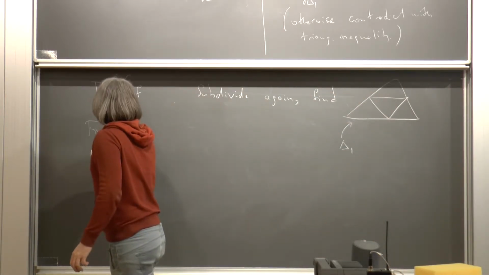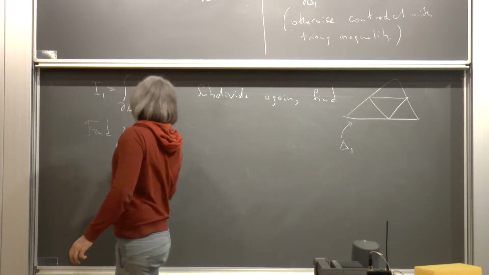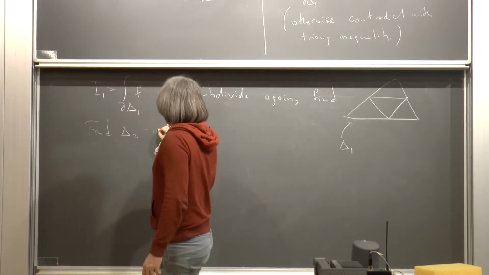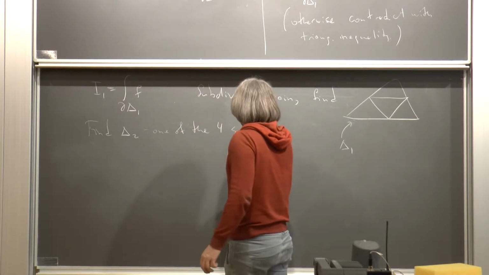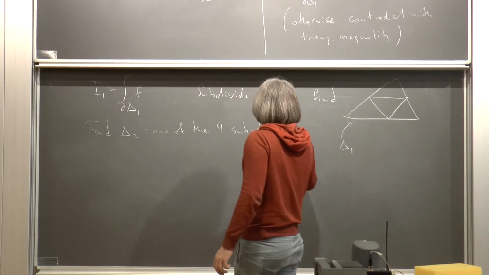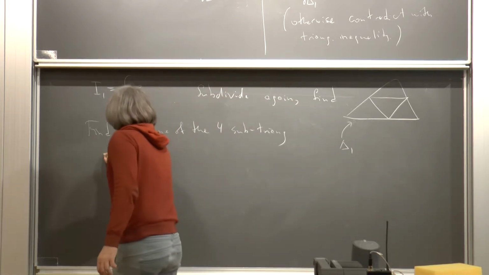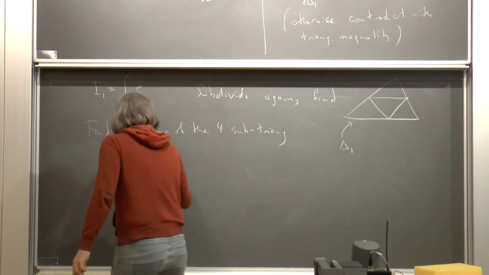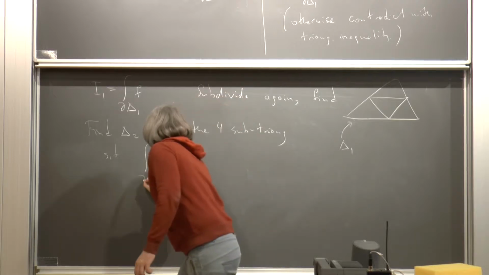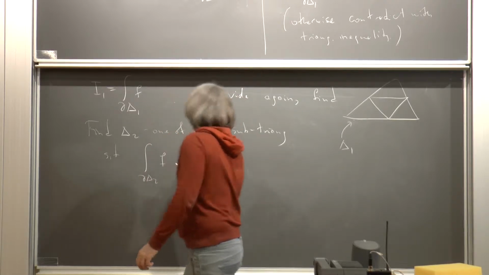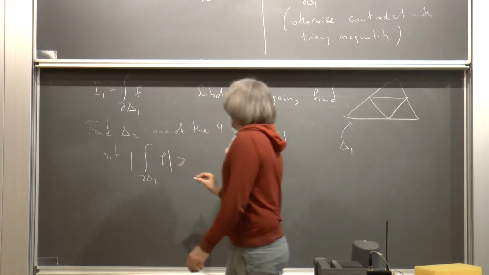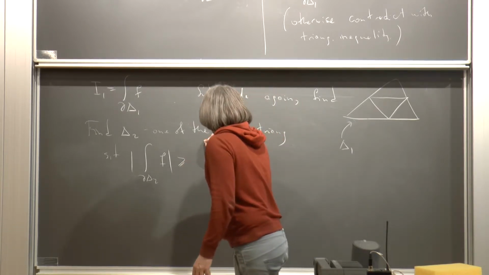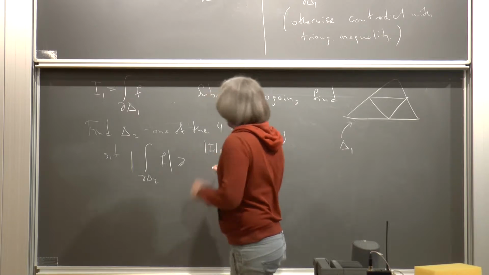So find delta 2, one of the 4 subtriangles, such that the absolute value of the integral over the boundary of delta 2 of f is greater or equal than the absolute value of I1 over 4.